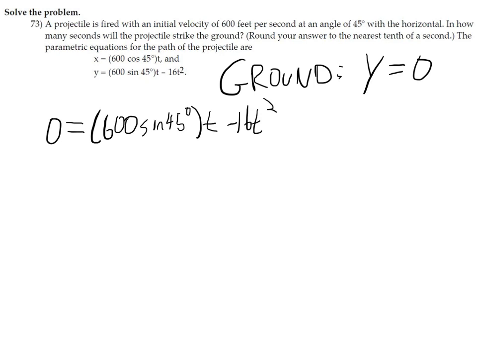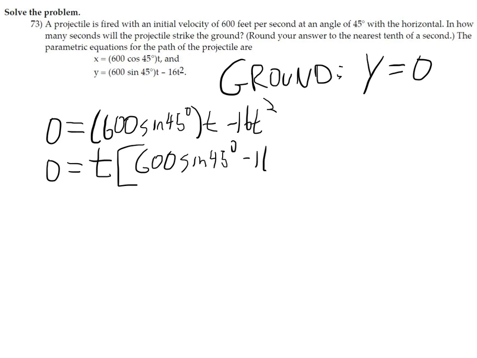Solve this equation. It looks quadratic. Looks like it's going to be a mess, quadratic formula, until you realize there's two terms and t is common. So we can factor out the greatest common factor, t times (600 sine 45 degrees minus 16t).